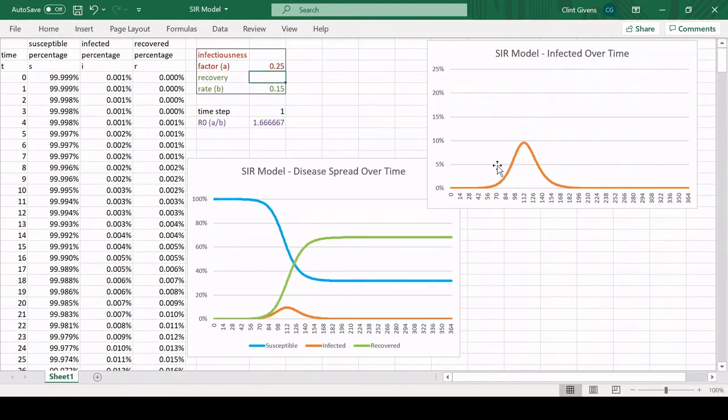And you see that that curve is a lot flatter now, and only as much as 10% of the population is infected at any one moment. And so that's why epidemiologists and public health experts want us to take these measures. It's because the SIR model tells us that reducing the infectiousness of the disease is a good way to flatten the curve.